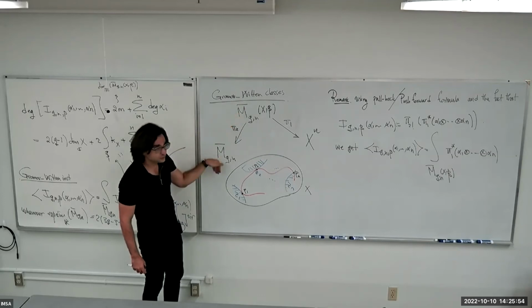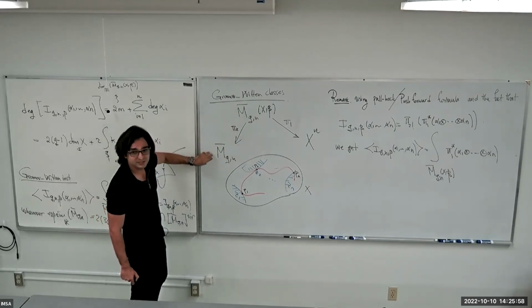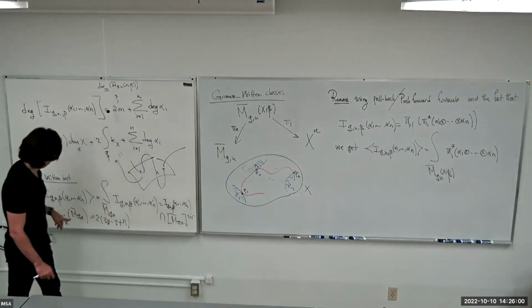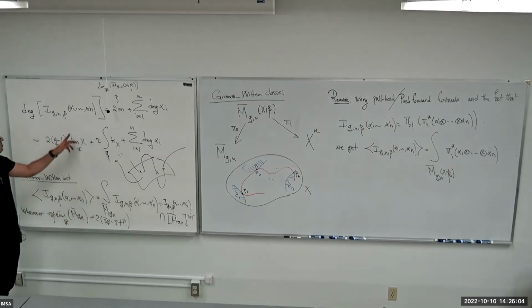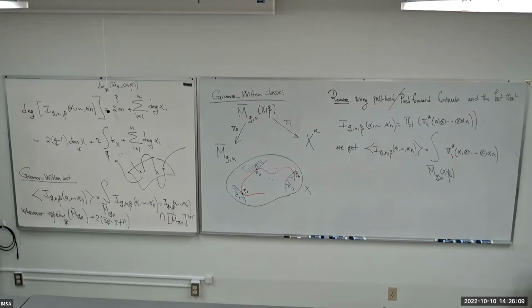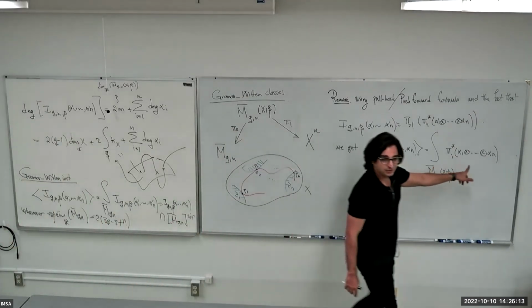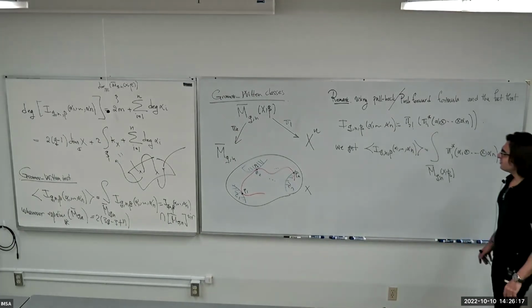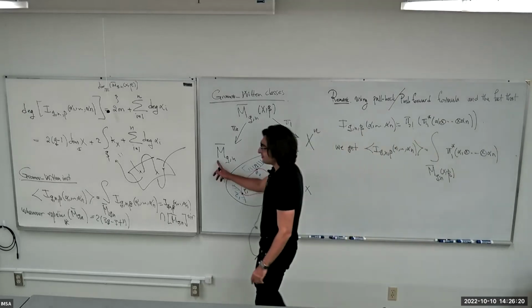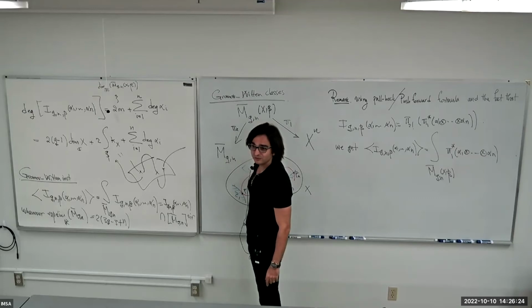So for this number you calculate in here to be the same as this number, you need to use the Gysin pushforward map, the way we just defined it. Anyway, you don't need to do that as long as you pull back and just integrate. So even though a priori the Gromov-Witten invariant is defined as an integral in here, the pullback-pushforward formula allows you to compute over there.